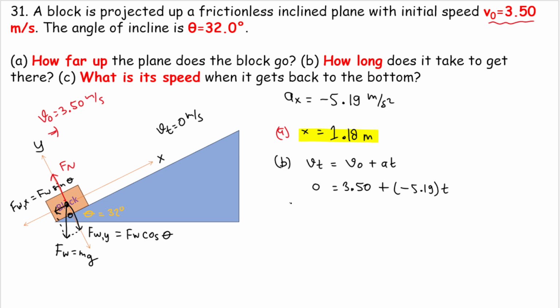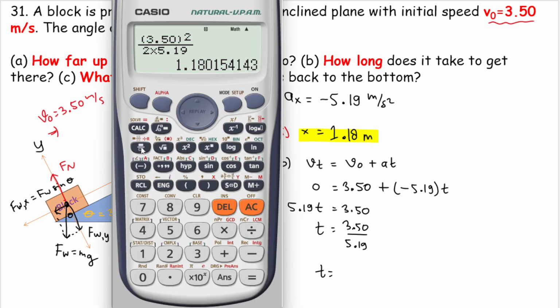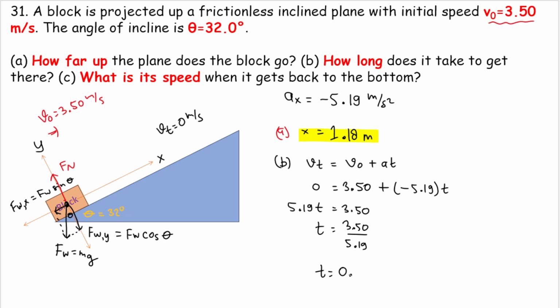Moving this to the left-hand side, 5.19t is equal to 3.50, so t is 3.50 divided by 5.19, which is 0.67 seconds. Let's highlight that and move on to question C.